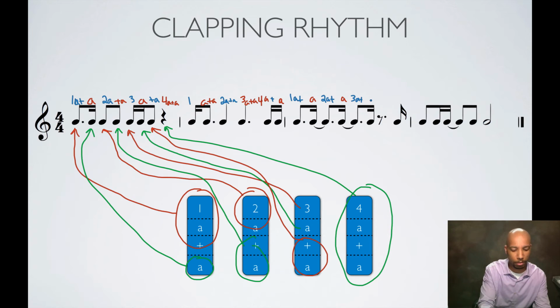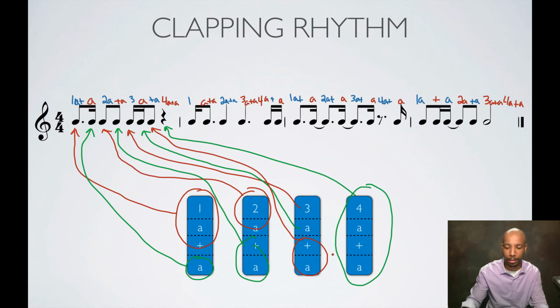This is a dotted eighth note, so it gets 4 half because it's 3/4 of a beat, and this one gets, it's a 16th note. 1 half for this one. 2 half and this is a half note, which gets 2 full beats. So 3 half, 4 half.